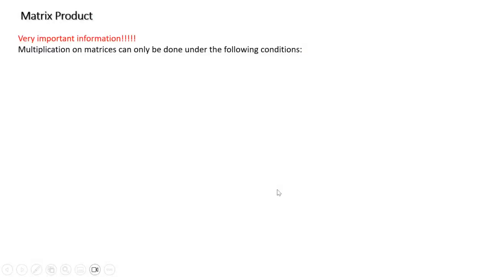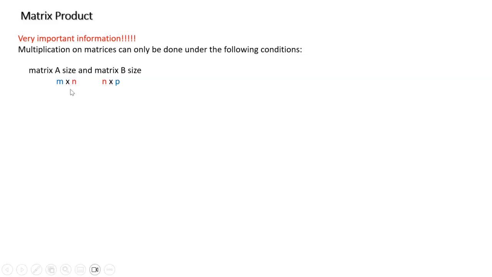Okay, now matrix product. Hey guys, this is very important here. Write down. That's why I put it in red. Very important information. Multiplication of matrices can only be done under the following conditions. Say matrix A's size is m by n, or m times n.